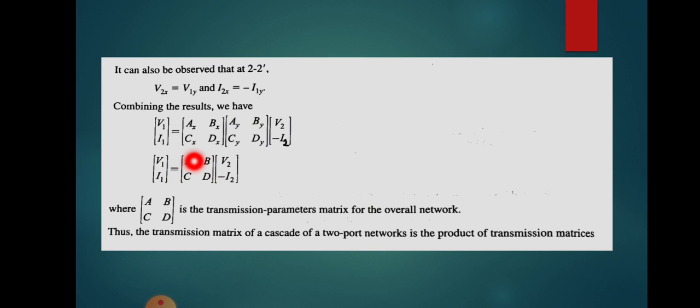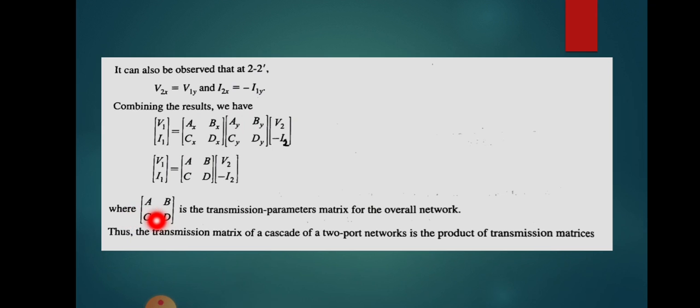So you can see that once we are cascading two networks having two different transmission matrices, we will be getting another transmission matrix. That transmission matrix will be the product of the individual transmission matrices. See here, ABCD is the product of these two matrices.